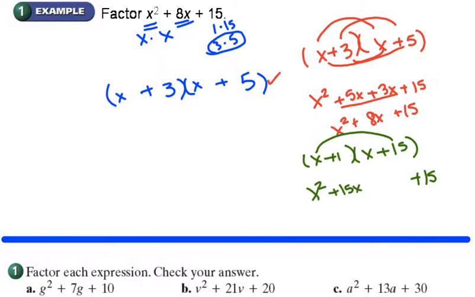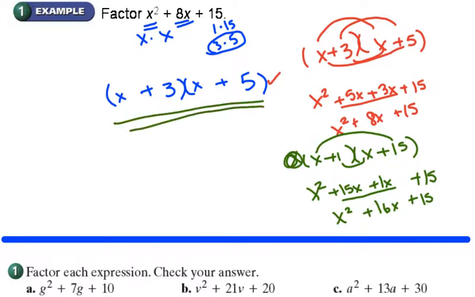And let's do the inside. 1 times x. 15x plus 1x is going to give you 16x. So we have x squared plus 16x plus 15. Does this match that? No. So the answer cannot, under any circumstances, be this answer. Okay? This is the only answer, the only way we can factor that down.